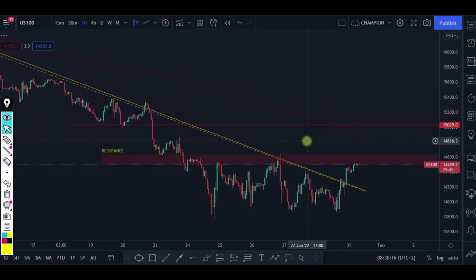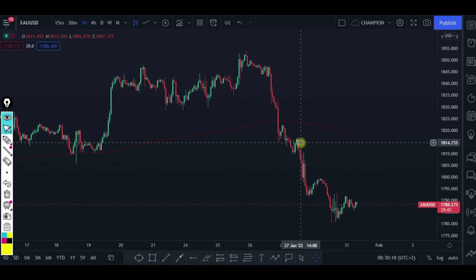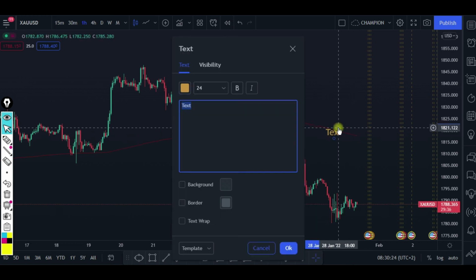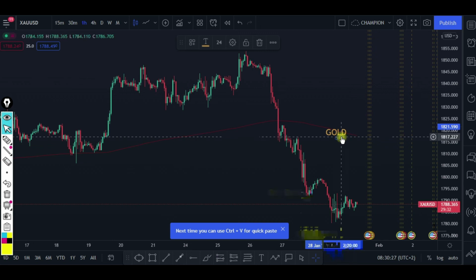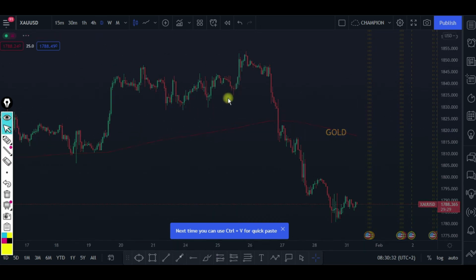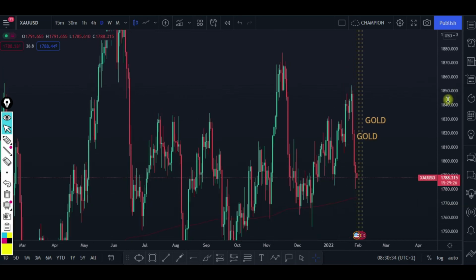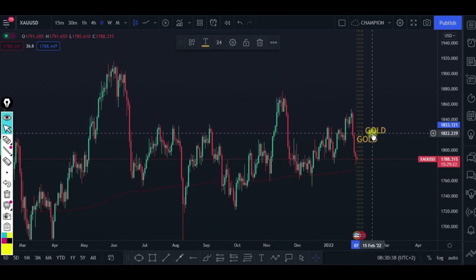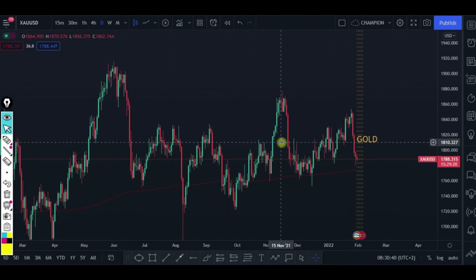The next one is, I believe, gold. Let me write it for you so that we don't forget that we are analyzing gold. Moving to the daily time frame. All right, it seems like the market is moving nicely.